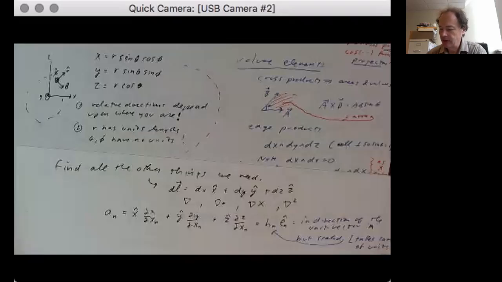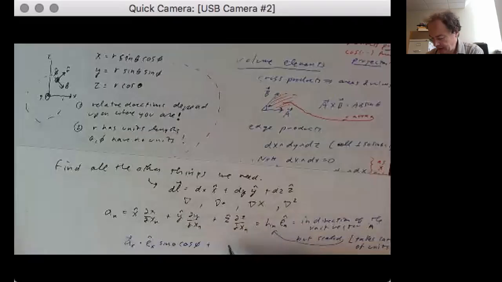If we were to write down just a couple of cases here, we find that a_r, for example, is equal to, I'm going to write it as e_x sine theta cosine phi, and e_y, I'm going to put a vector sign on that because it's not unit, e_y has a sine theta sine phi.